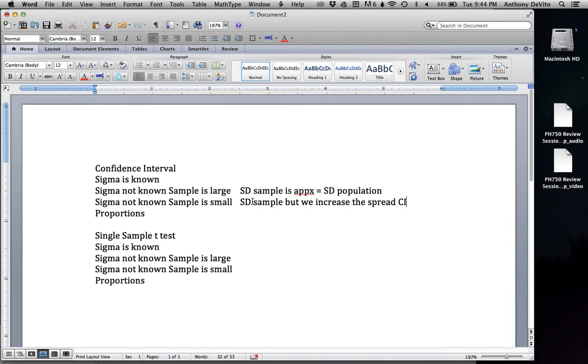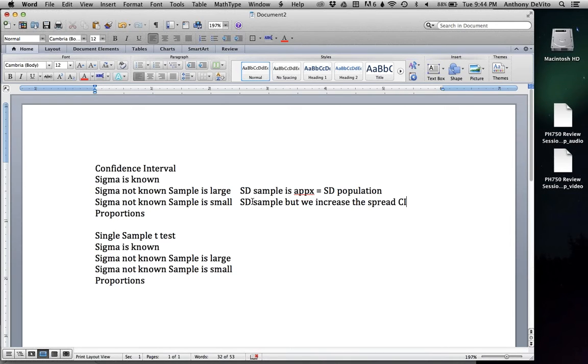The t-distribution looks very much like the bell shape that we get with the normal distribution, but it's more spread out. In fact, there's a different t-distribution for every sample size. As you go down from a sample size of 29, the t-distribution is more spread out. At a sample size of 20, it's even more spread out, and a sample size of 5 is very spread out. What does that do?